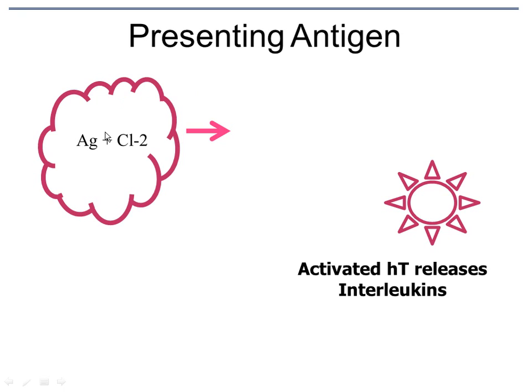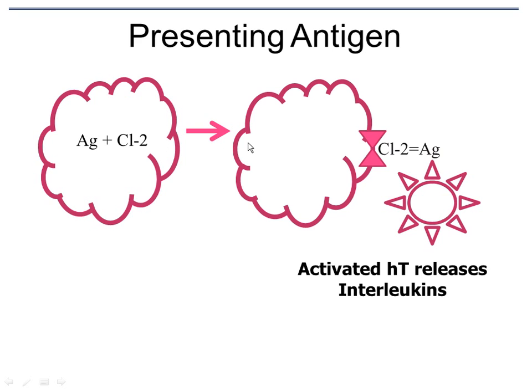This macrophage is going to take that piece, stick it to a class 2 receptor, and put the entire thing on its surface. So this is a presented antigen. It's a piece of antigen on a class 2 receptor dangling out in space. Once we get that, this is going to be the signal to the rest of the immune system that the body's under attack, and that specific thing is what to go after and kill.